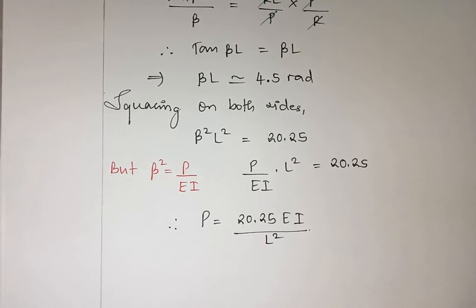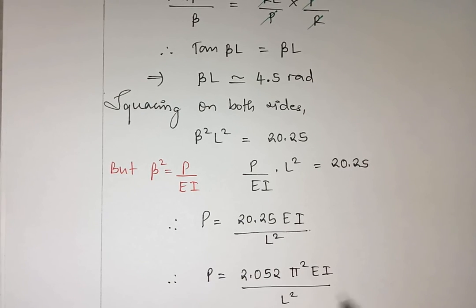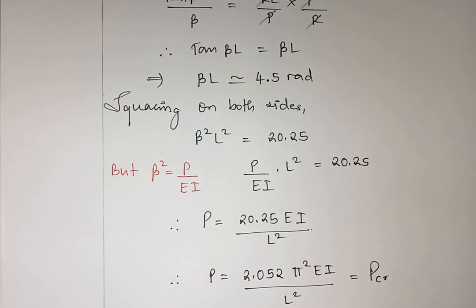Slightly I will modify this. Therefore, P is equal to 2.052 pi square E into I divided by L square, and that is equal to P crippling or P critical.